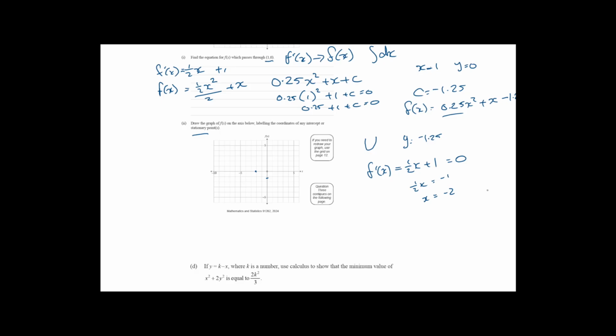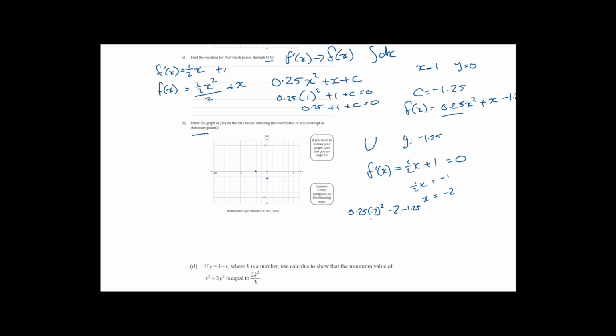Now that we've got that, we'll put a negative 2 into our original equation and find out what y is. So 0.25 times negative 2 squared, plus, it's going to be minus 2 minus 1.25.